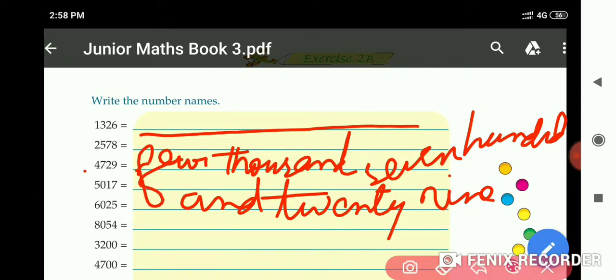This is 4. Now come to this part, 8054. It is 8054.